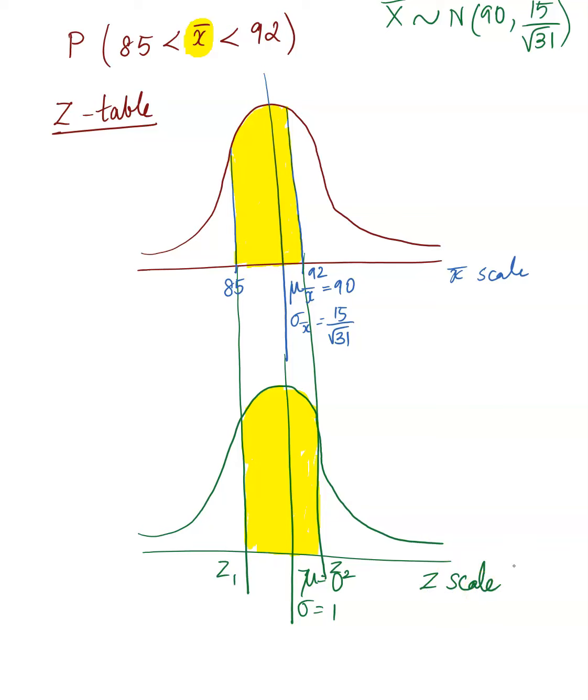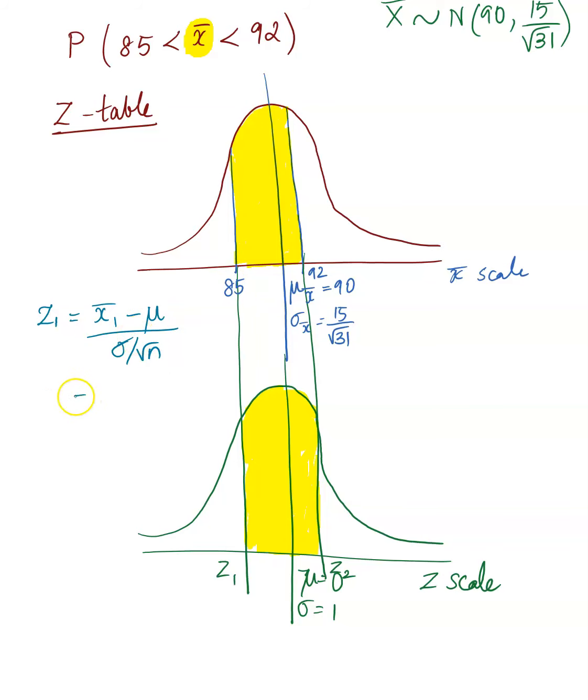And we had a conversion, right? So the conversion for the z scale in terms of x bar: I have to compute it for z1, because z1 is on the left here. z1 is x1 bar, because we have 85 and 92, so x1 bar minus mu over sigma over root n.